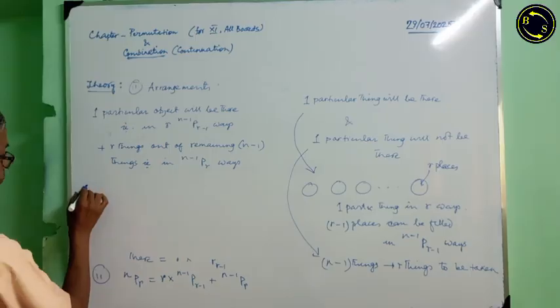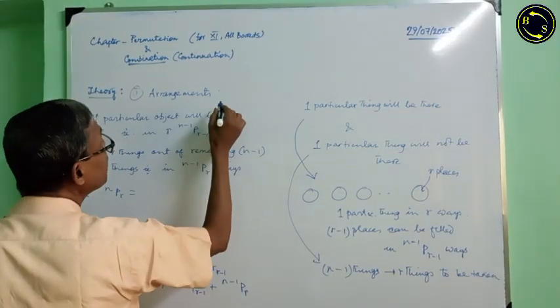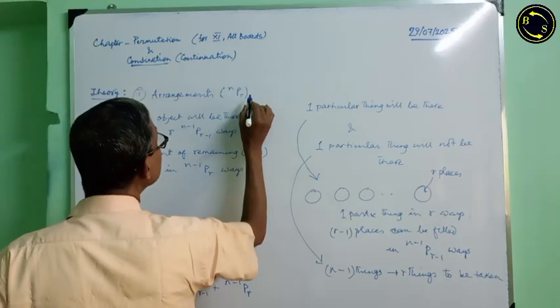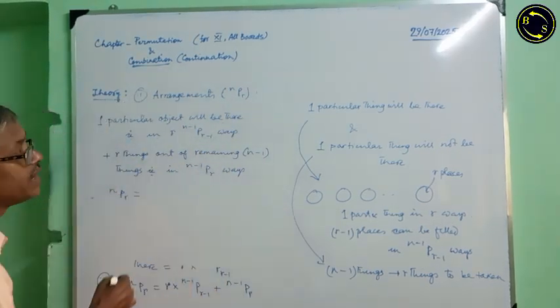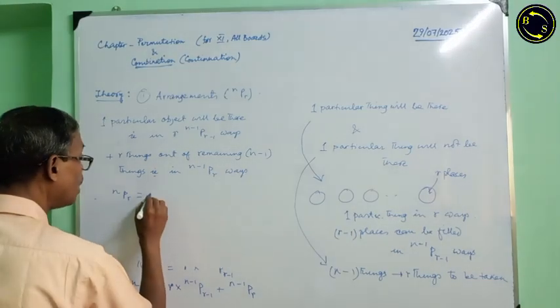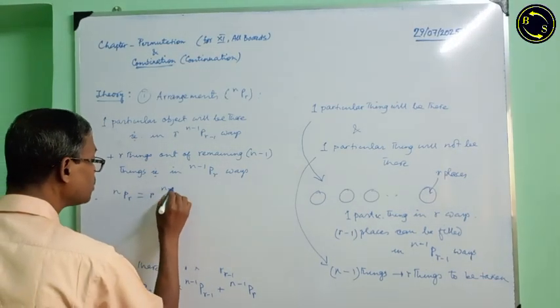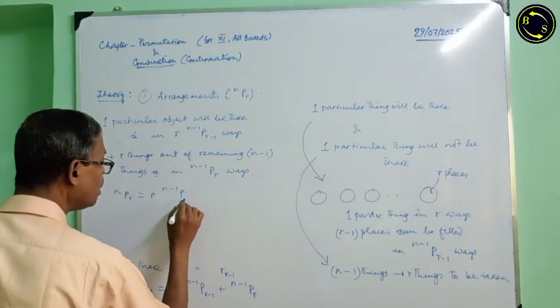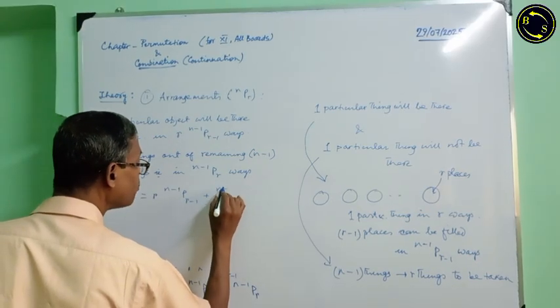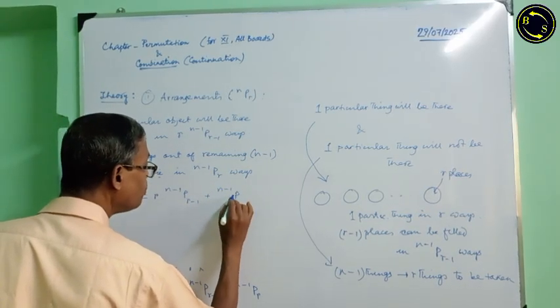Therefore we can say total arrangements is nPr, that can be split into two: nPr equal to r into n minus 1 P r minus 1 plus n minus 1 Pr.